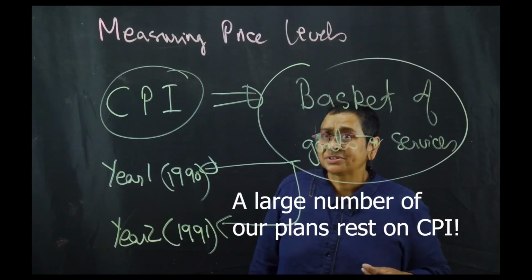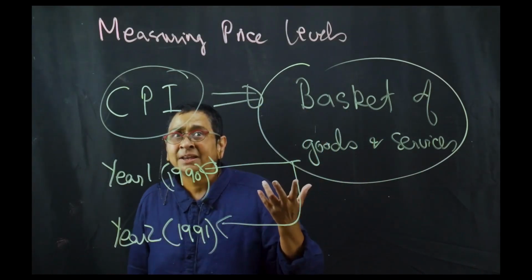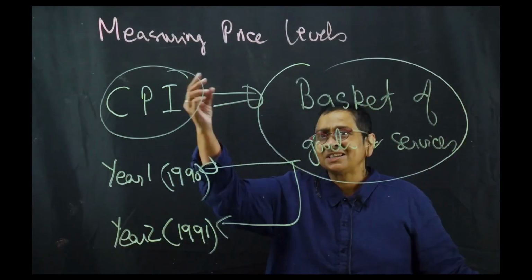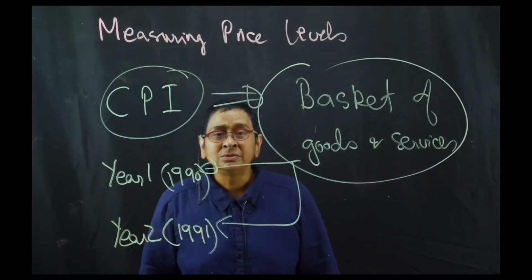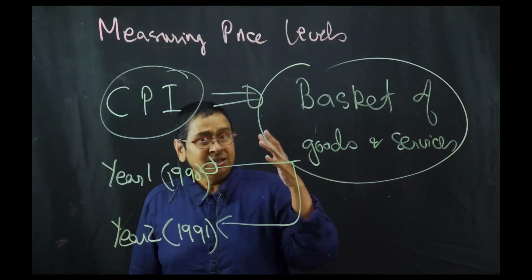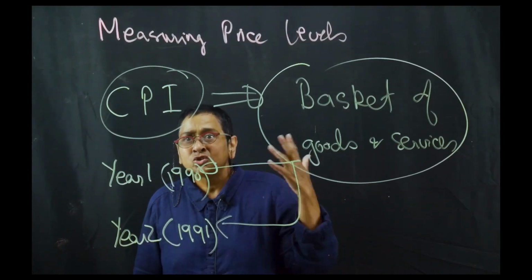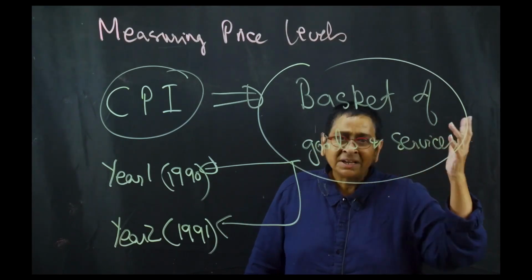But overall, there is a very substantial amount of work that goes into measurement, partly because a large number of our plans rest on this. When you consider your future, if you do retirement planning, you worry about this. You want to make sure that prices don't go up so fast that whatever you plan disappears, right? We also know that inflation is not good for creditors, for example. It's better for debtors. So supposing I promise to pay you $10 as my interest.